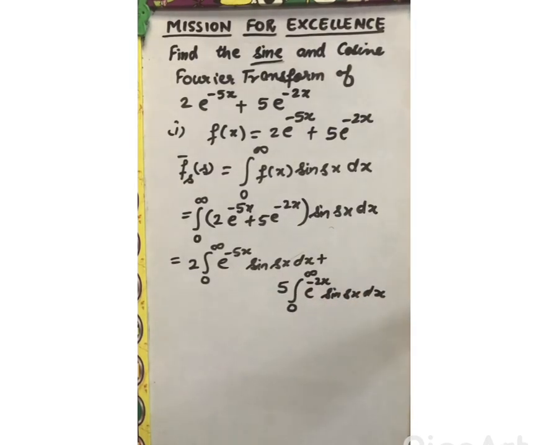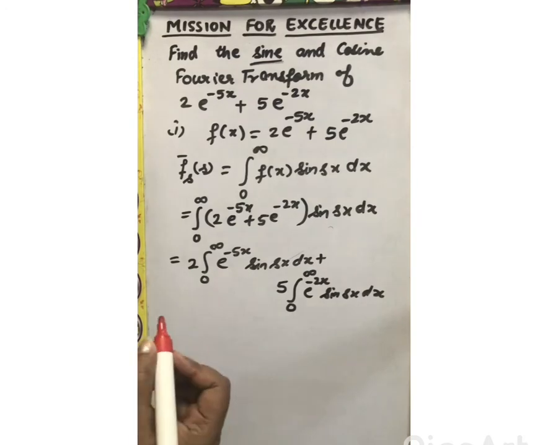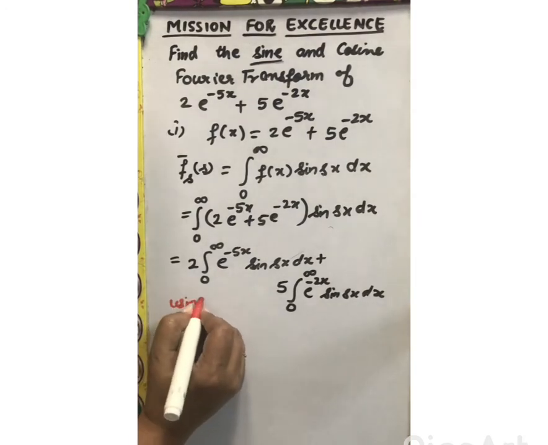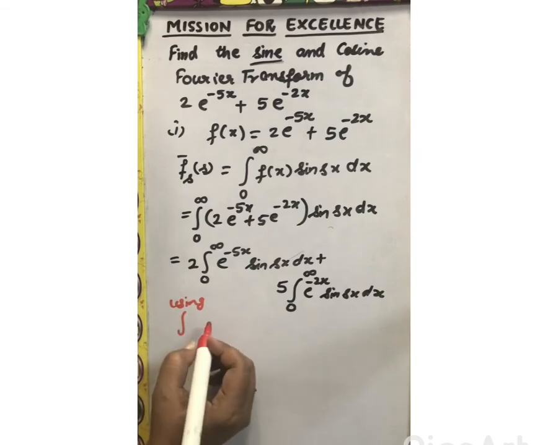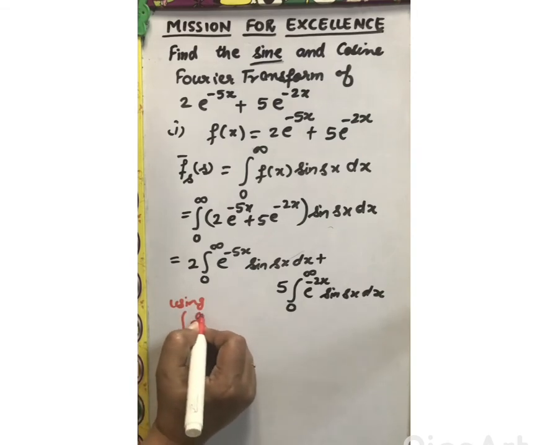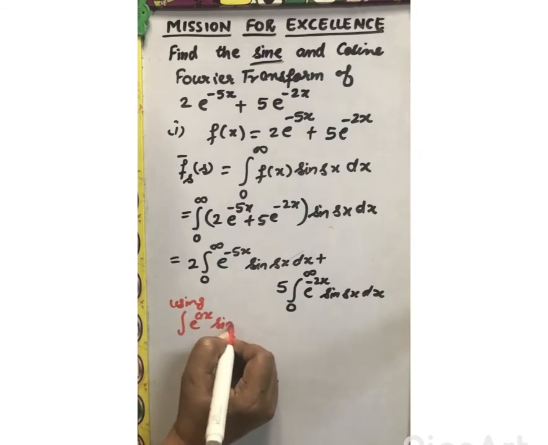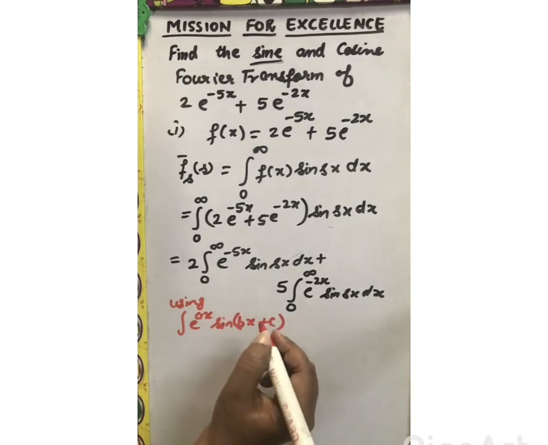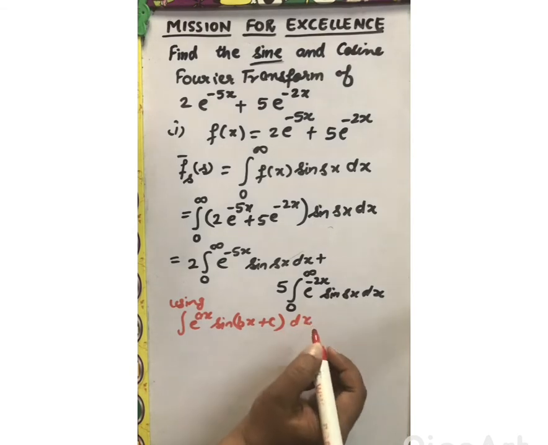Now to solve the integral, we will use the integral result, that is, the formula for the integral of e^(ax) sin(bx + c). This is the standard result we have derived by using integration by parts.